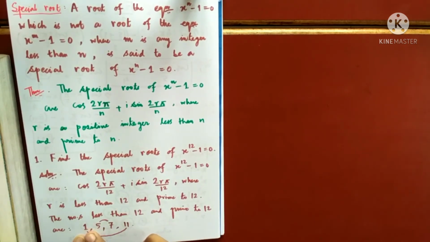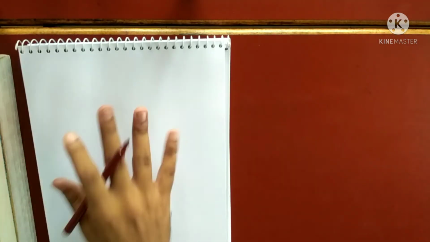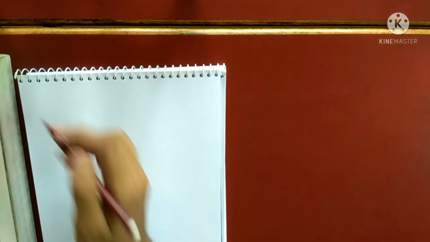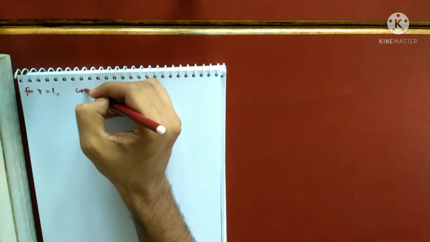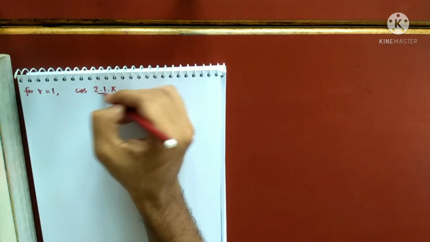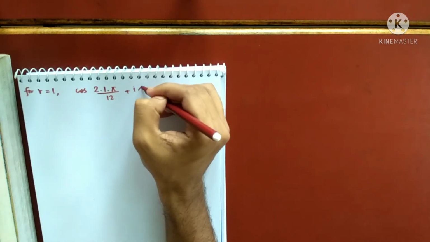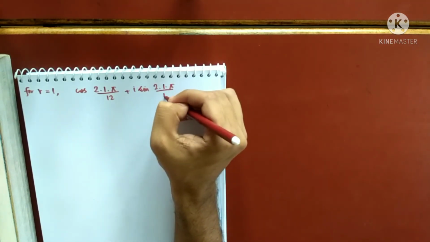Let's first compute for r equals 1. For r equals 1, what I have is cos of 2r pi by 12 plus i sine 2r pi by 12.